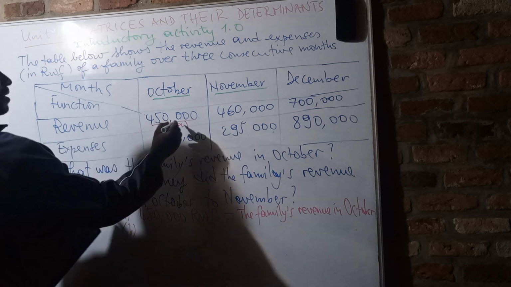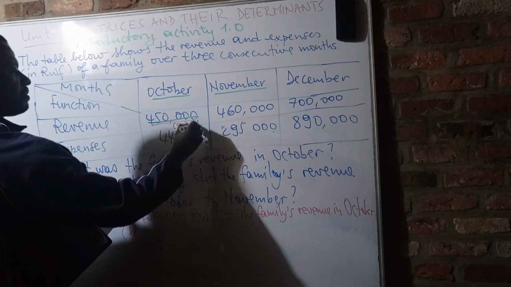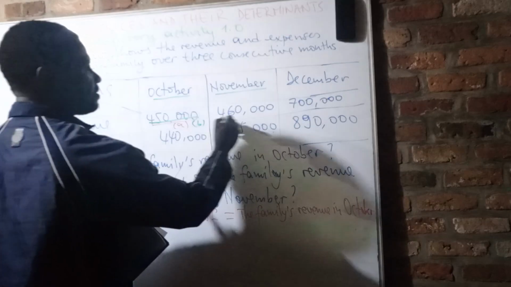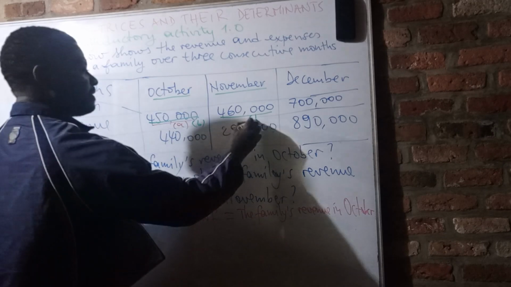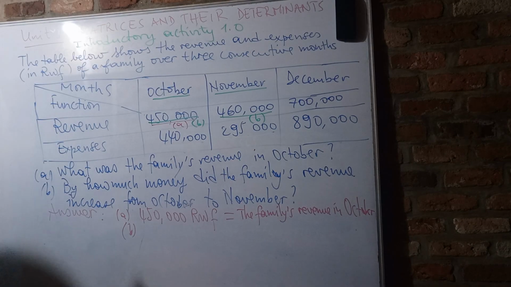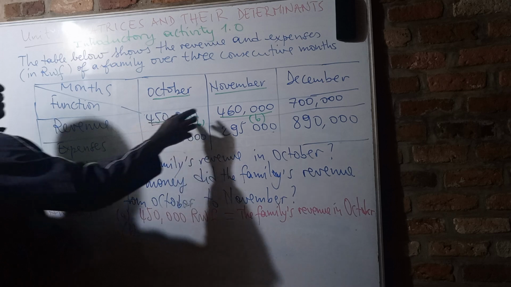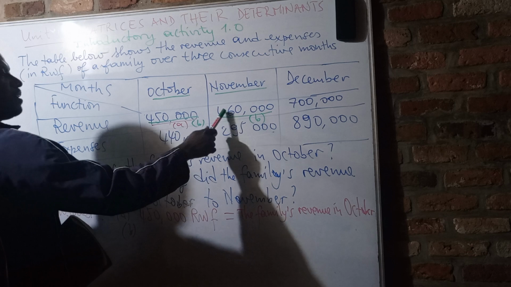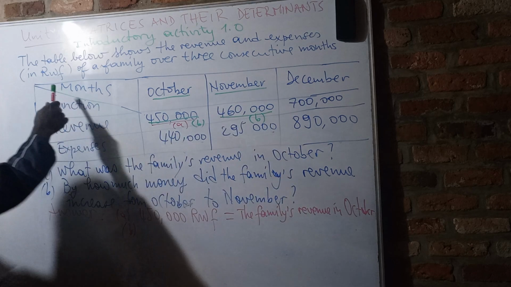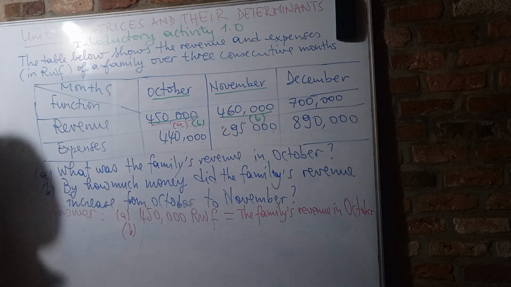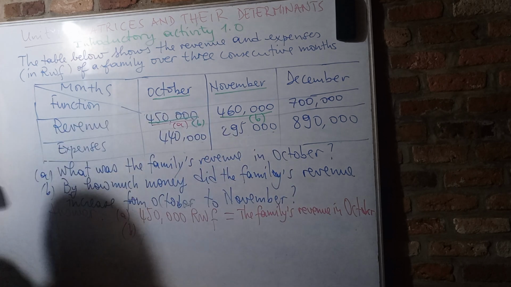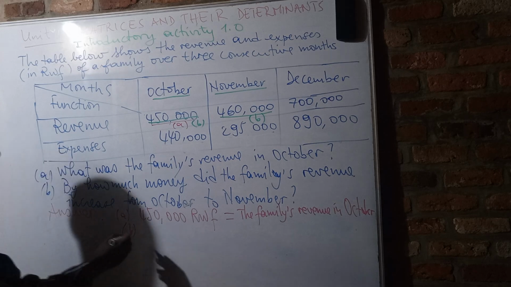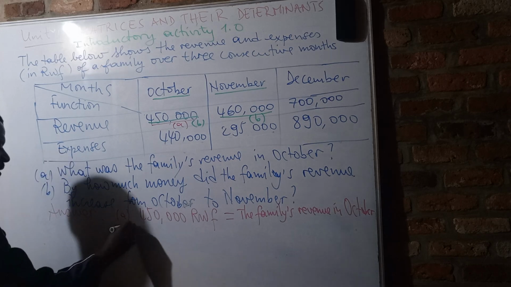So that was revenue in October, and this was revenue in November. So from 450,000 francs and 460,000 francs, the difference is 10,000. So this is it for B.